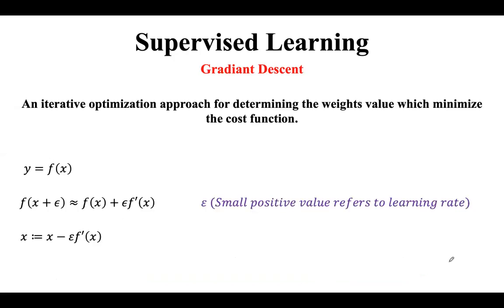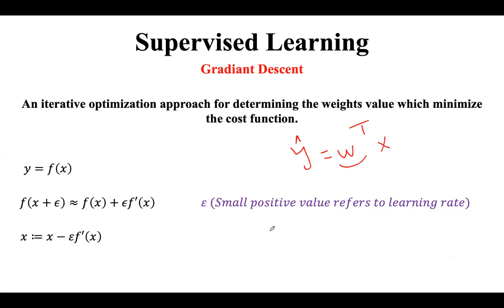So actually, gradient descent is an iterative optimization approach for determining the weight values which minimize the cost function. If you recall, Y hat was equal to W transpose multiplied by X. The goal of machine learning was to find these weights, right?